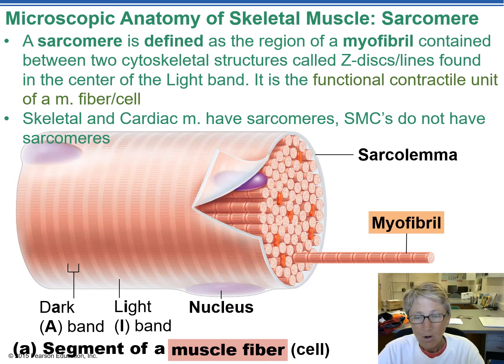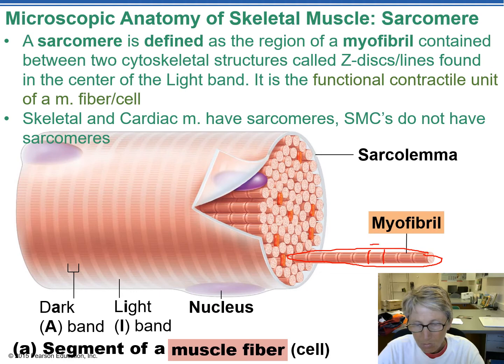The sarcomere is the functional contractile unit of a muscle cell, and it's defined as the region of a myofibril. Again, this is a single myofibril, and there are hundreds of myofibrils in a single muscle cell. The sarcomere is the region of the myofibril contained between two Z discs. This is a Z disc, and this is a Z disc.